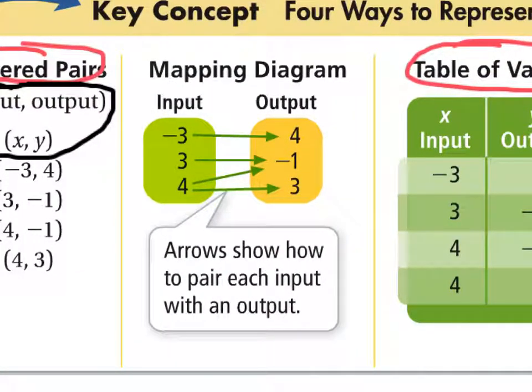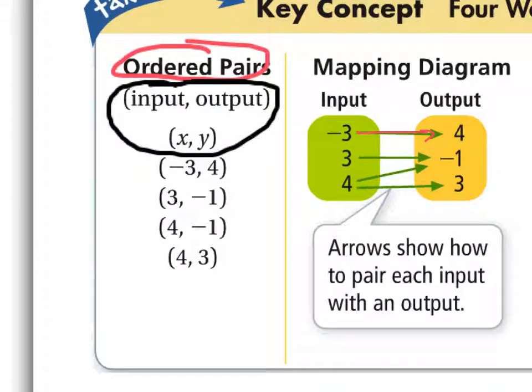And so in a mapping diagram, all you're doing is you're listing your x values. You're listing your inputs and kind of putting them in a bubble or a box. And then you're listing your outputs and putting them in a bubble or a box. And then you're simply drawing that, well, -3 goes to 4. How do I know? Because right here, if I listed the coordinates, -3 goes to 4. Okay, -3 is the x, 4 is the y.